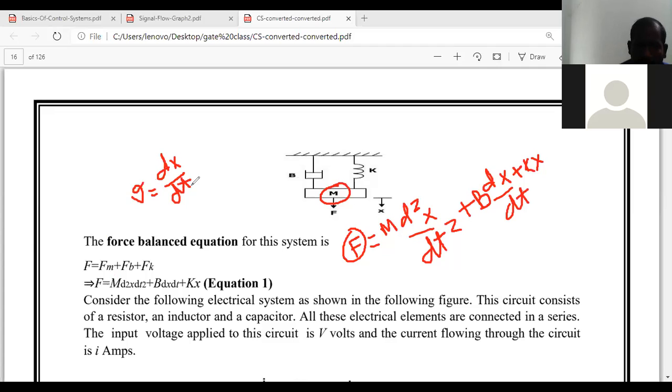So we are going to apply this condition here. Therefore, what will happen?